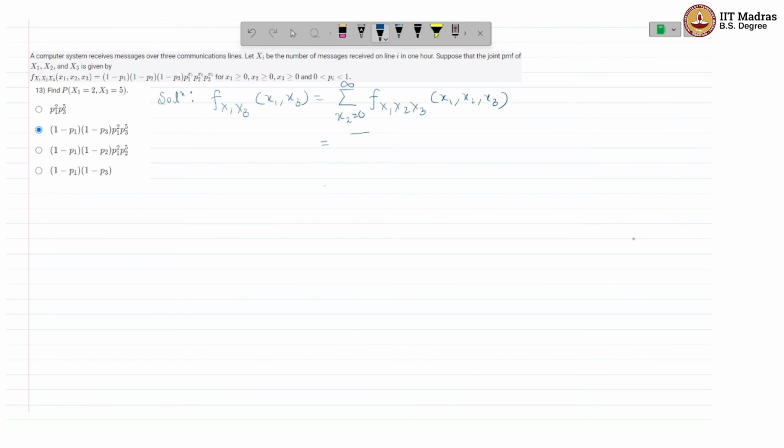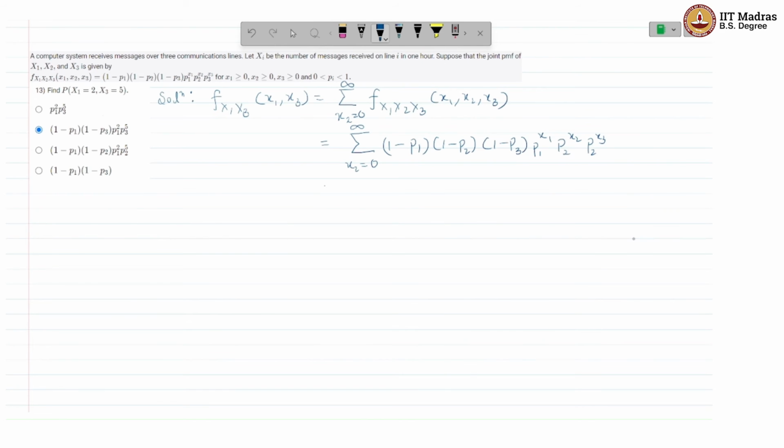So this will become summation x2 is equal to 0 to infinity, (1 minus P1), (1 minus P2), (1 minus P3), P1 raised to the power x1, P2 raised to the power x2, P3 raised to the power x3.